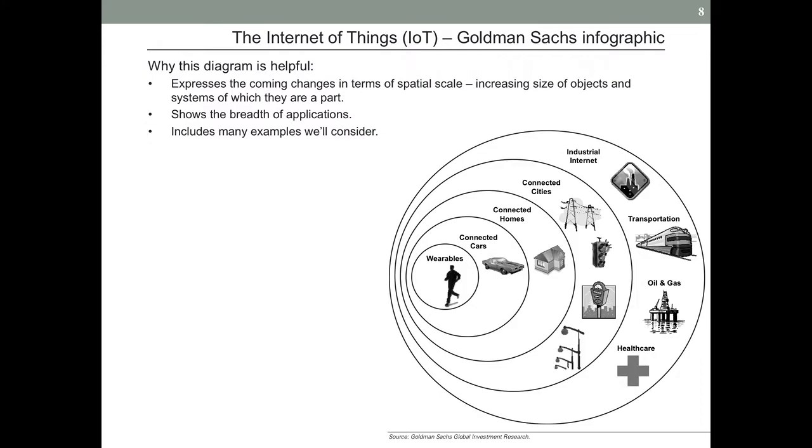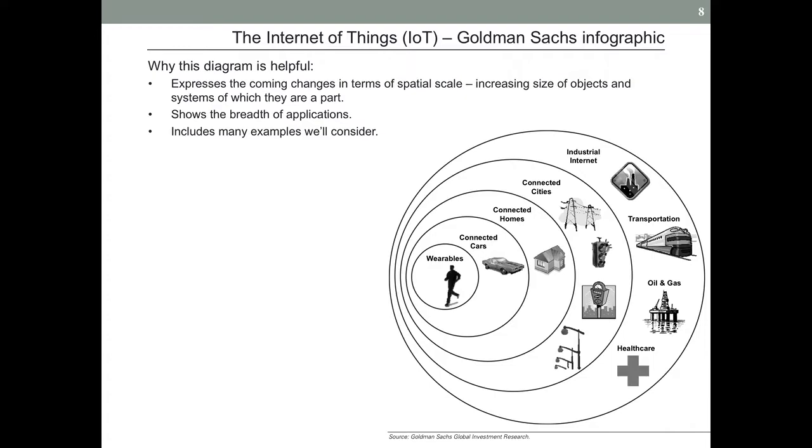Goldman Sachs has this slightly different take. I don't know why they couldn't use color. A couple of reasons this diagram is helpful, and then I'll talk for a moment about why they struggled here a little bit. It shows things at different spatial scale, and I think that's helpful. You see all the way down at the level of a Fitbit or an Apple Watch and wearables, all the way up to big systems and the outermost circle.